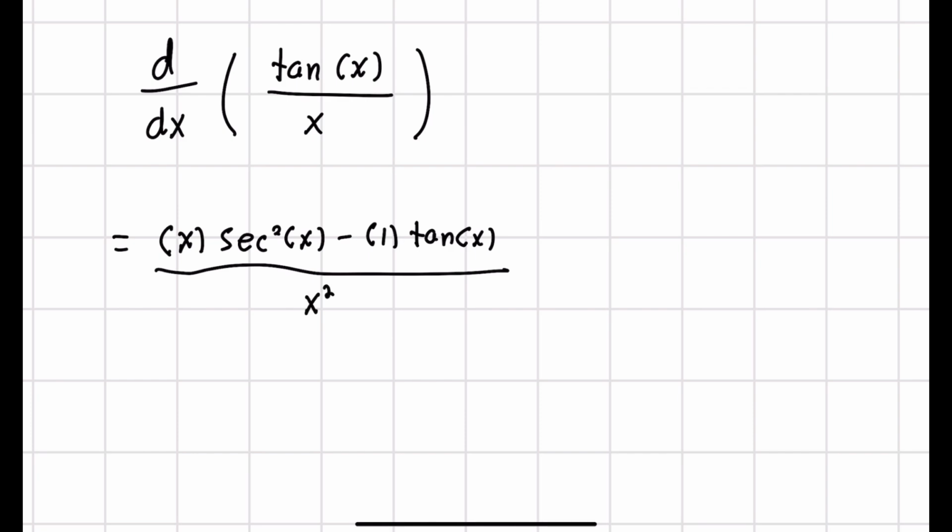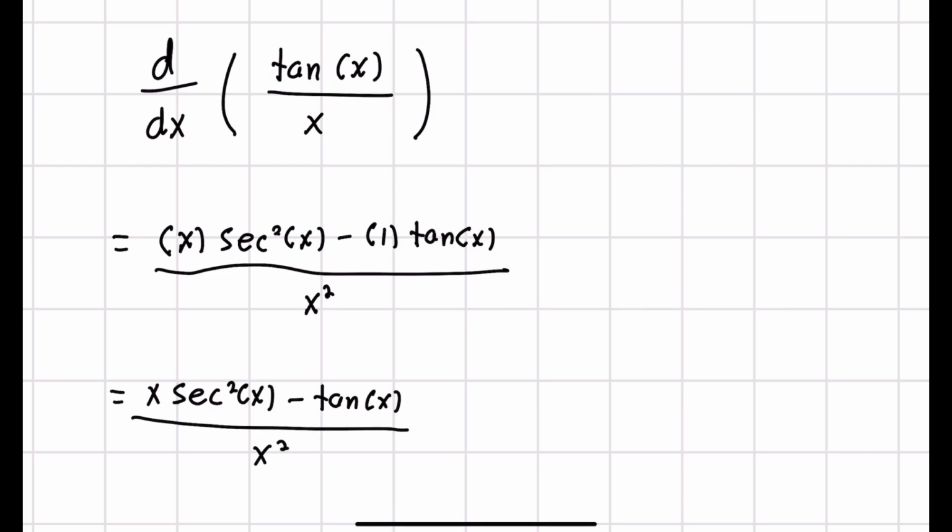And we could rewrite this as x times secant x squared minus tan x, over x squared. And here is our final answer.